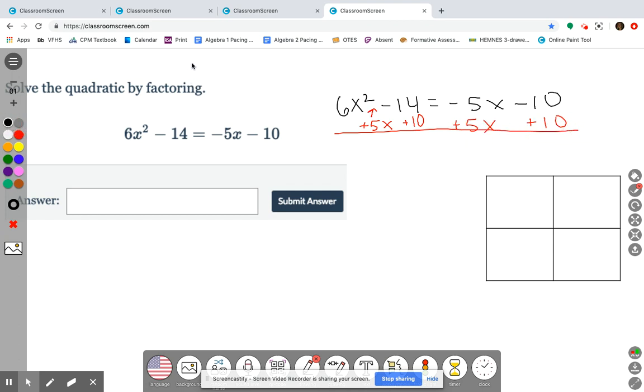We're really keeping in mind our standard form for this example, where we want our x squared, then our x, then our constant number. So I'm going to list this 6x squared piece first. And then I want to list the x piece that I brought over to the left side, and it's a positive 5x. And then I want just my number pieces that I'm going to combine, -14 and 10, to give me -4.